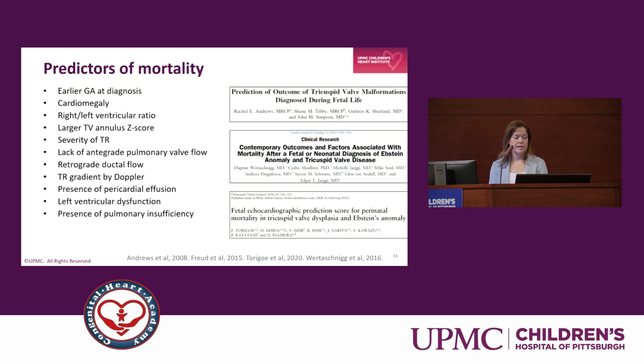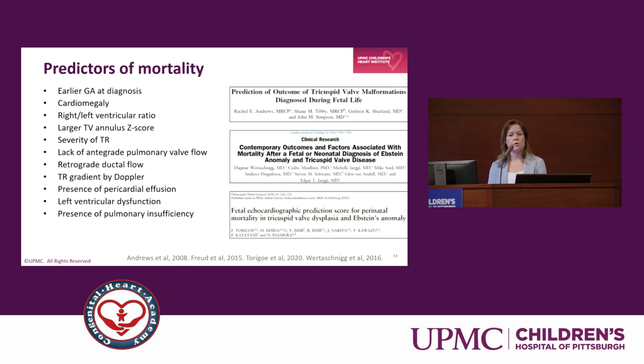The other assessments of anatomy, such as cardiomegaly with the area ratio, as well as tricuspid valve Z-score, are important. And lack of antegrade pulmonary valve flow, as well as retrograde ductal flow, and the presence of pulmonary insufficiency being one of the more significant and very important features that can present late.